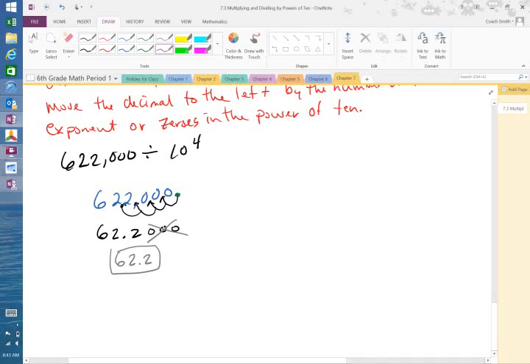Okay, do this one on your own: 1,500 divided by 10 to the second power. Use your shortcuts. Obviously, don't divide it out or multiply it out.